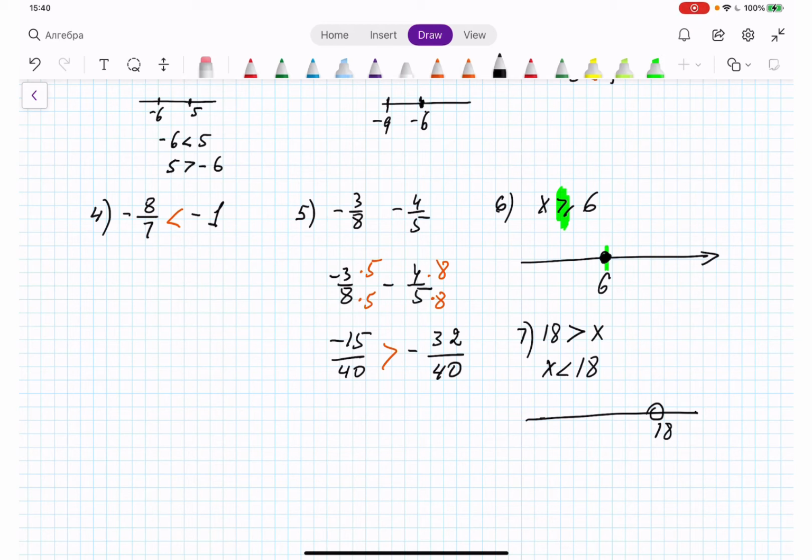Since this doesn't have an equal sign, we leave this circle empty. Okay, and it's x is less than 18, which means going this way, less than 18. Okay? Next, question number 8.